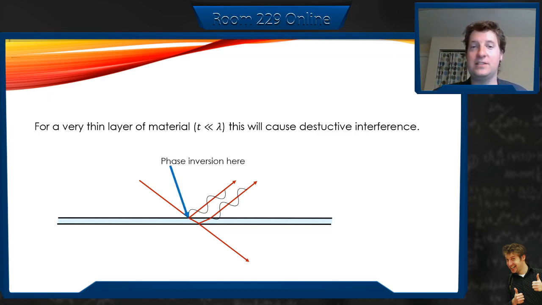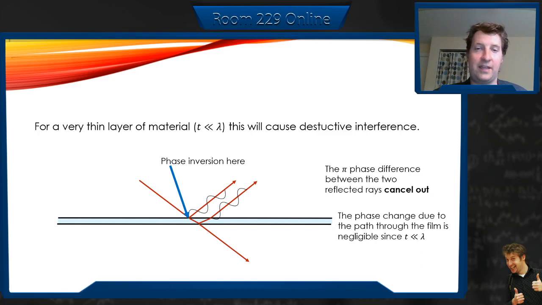We're going to have a phase inversion at the first interface, but because the path length as it goes through it doesn't really change the phase, the second ray will be out of phase from the first one. We have a flip of phase here, but we've had no change in phase as it goes in and out.